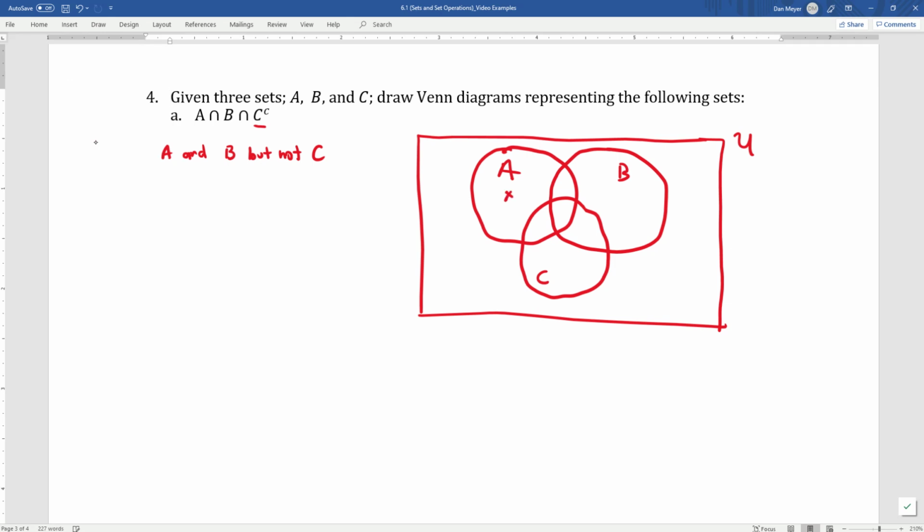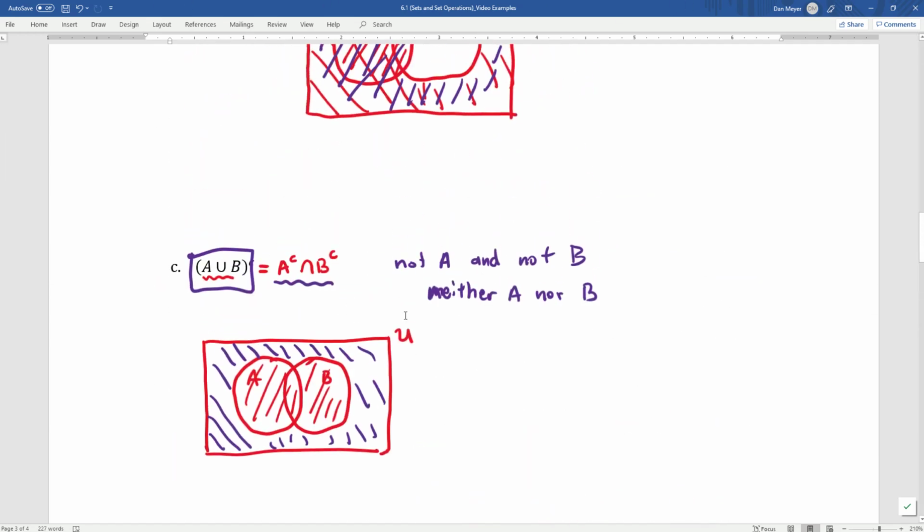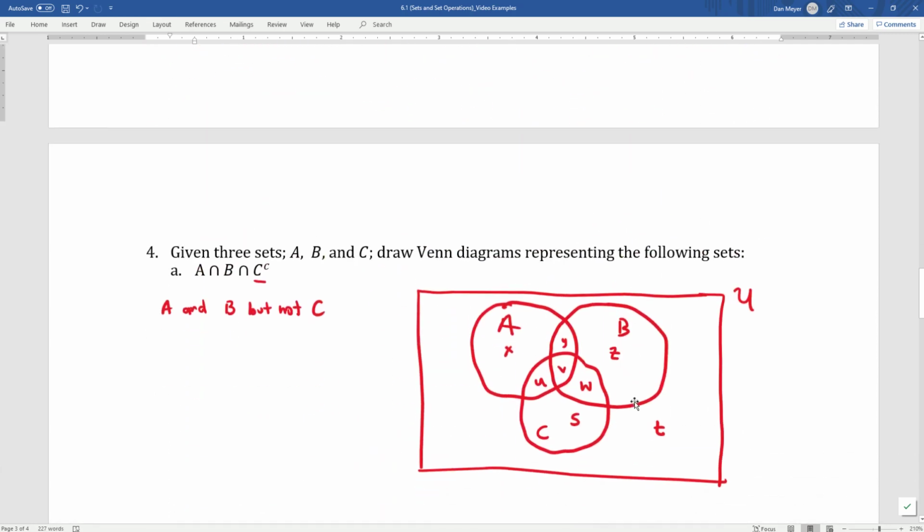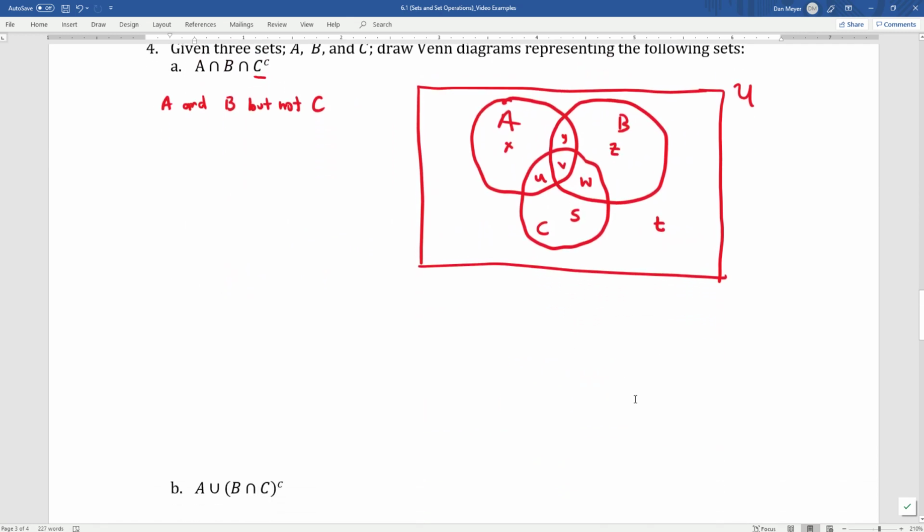Start with X, Y, Z, U, V, W, S, and then T. So there were eight regions here. If we go back, because this will also work for 2 sets, you can see that there's 1, 2, 3, 4 regions. So there's a nice fun pattern that we're going to be able to explore when we do some counting stuff. All right, so there are 8 regions here.